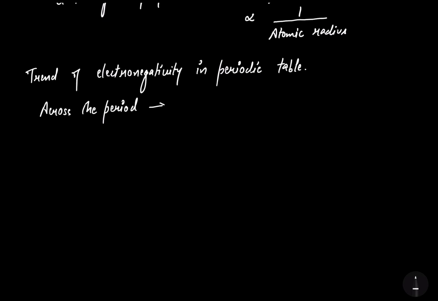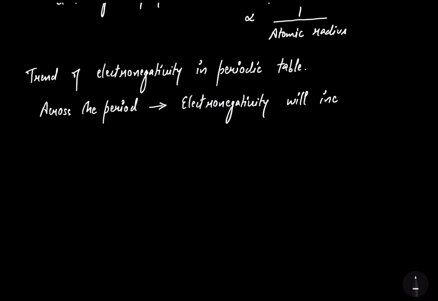As we move from left to right across the period, the atomic radius decreases and the effective nuclear charge increases. So the electronegativity will increase across the period. I have made its detailed lecture in chapter number 3 of atomic structure. You can check out the playlist and find that.